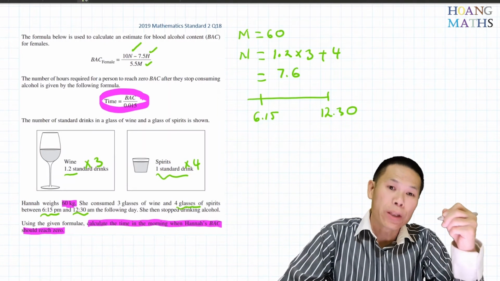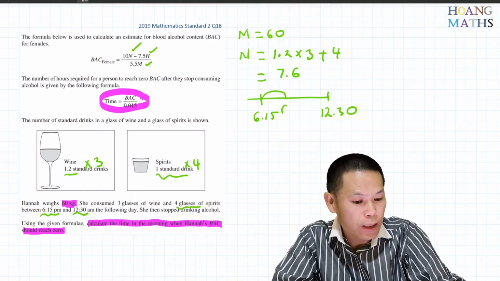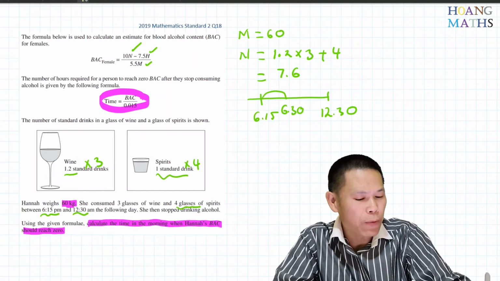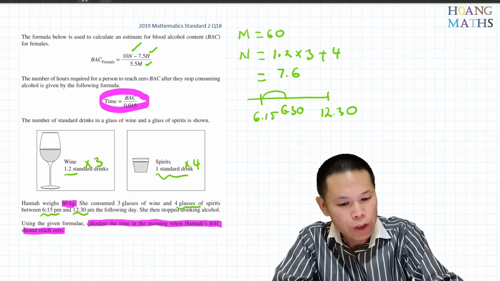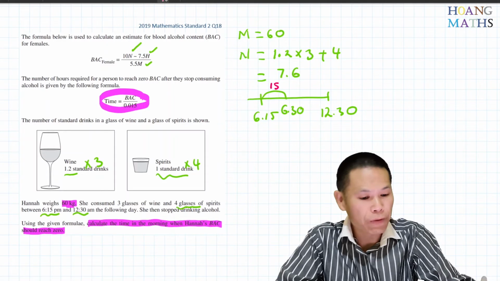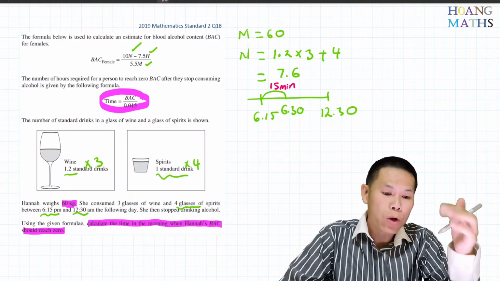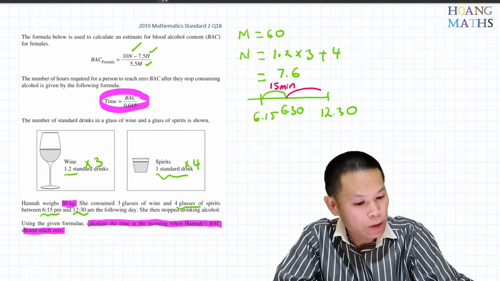To do this, I just go 6:15 to 6:30 first because we end with 30, okay? So that means she has been drinking 15 minutes first. And then from 6 to 12, that is 6 hours.